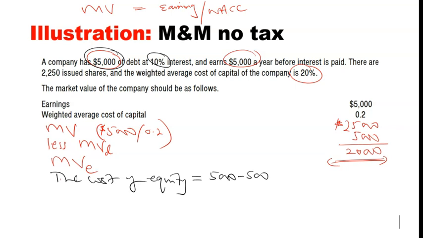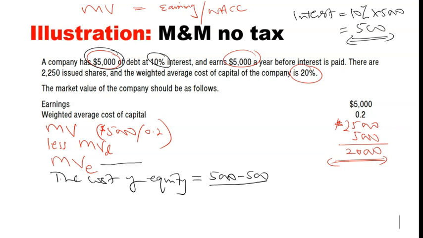So the interest on this debt is equal to 10% multiplied by $5,000 worth of debt. So that's 500. So this is the 500 we are deducting from our earnings, all divided by the market value of equity, which we determined to be 20,000.